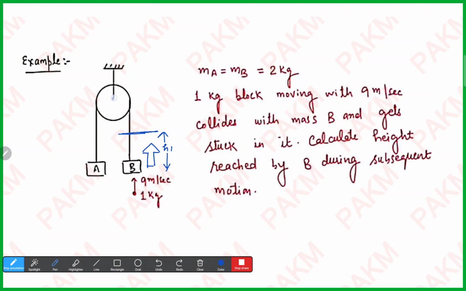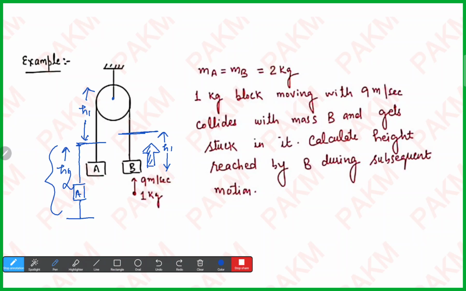Since it is a frictionless pulley, A will also go down by the same distance. If the string is slackened, the length that got slackened from B, the same length A will also move downward.